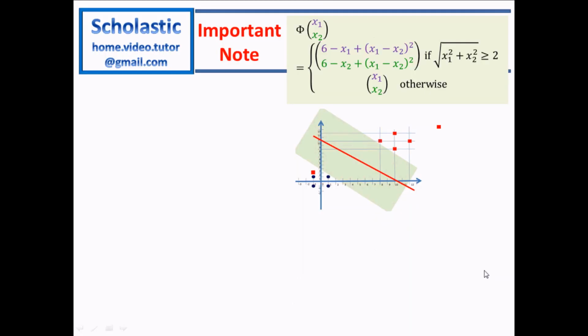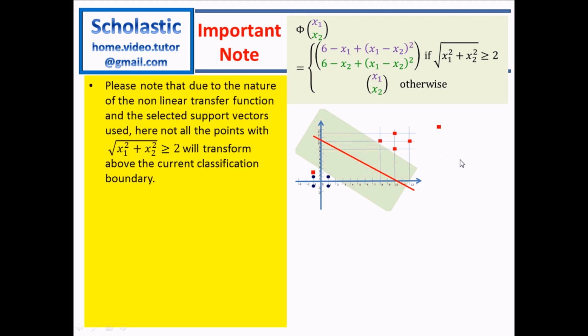Okay, that's an important note that I have to mention in this particular case, because we have used the transfer function, actually the function, to do the transformation. What exactly happens is that it will transform the points where the square root of x1 squared plus x2 squared is greater than or equal to 2, but not all the points will give correct results.